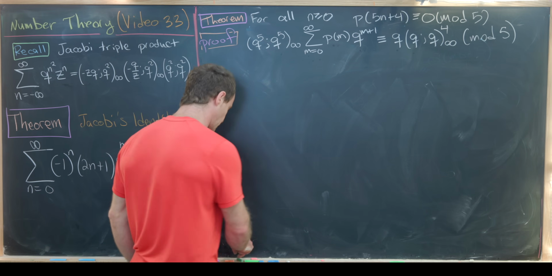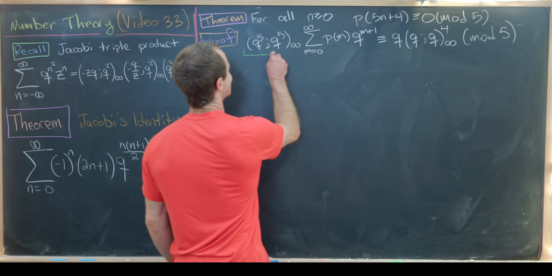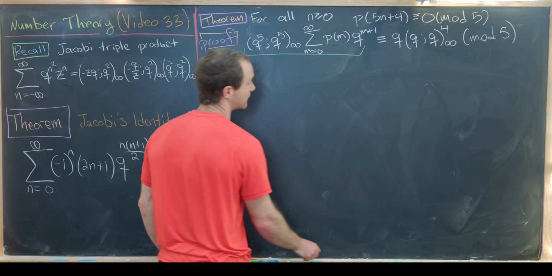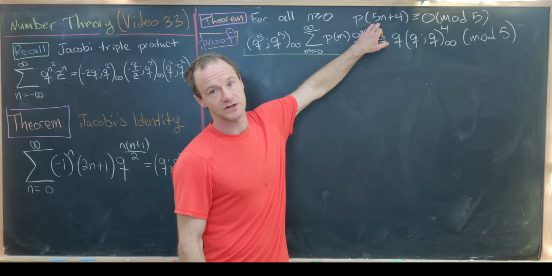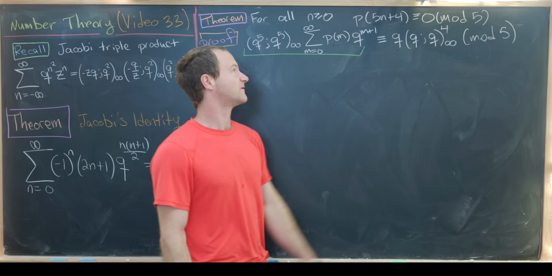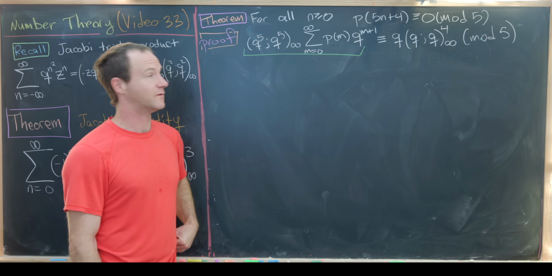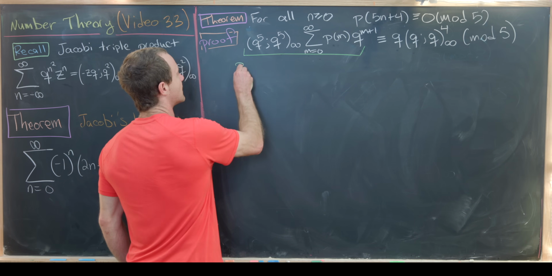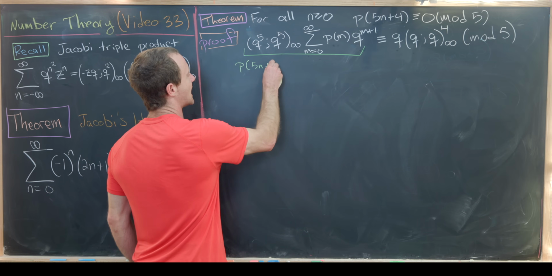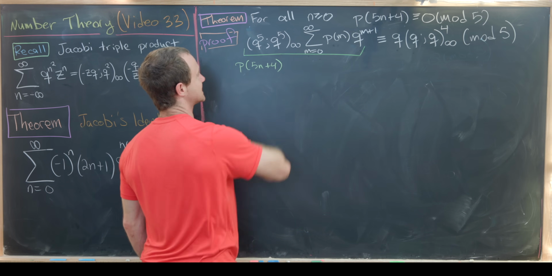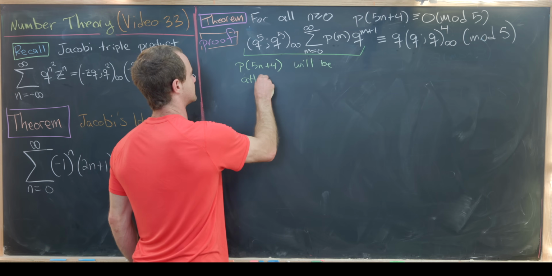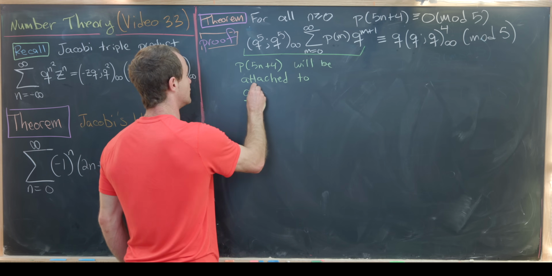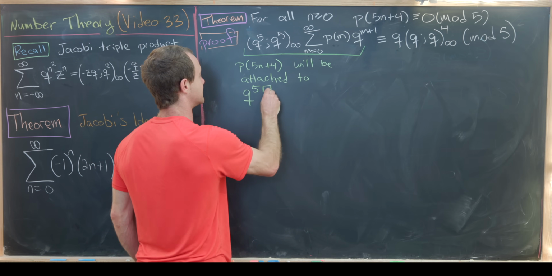Now we want to start pulling some things apart so we know exactly what we're looking at and what we want to look for. So notice we want to investigate the number of partitions of numbers that are 5n+4. But the objects that are p(5n+4) in this expansion will be attached to q^(5 times something).